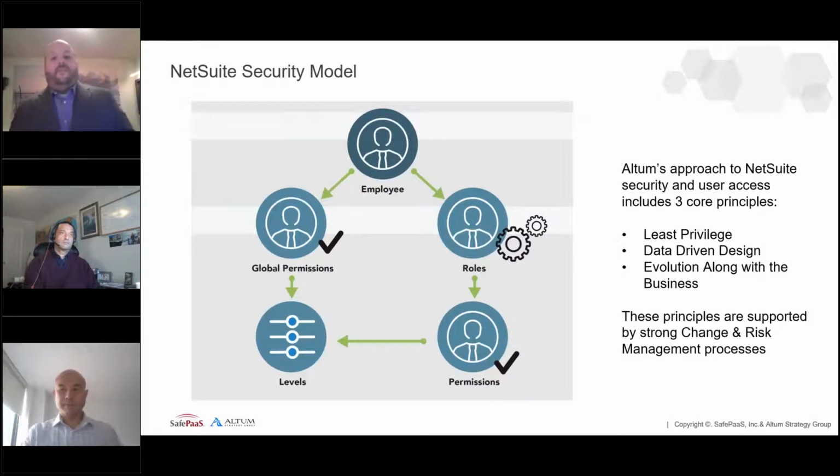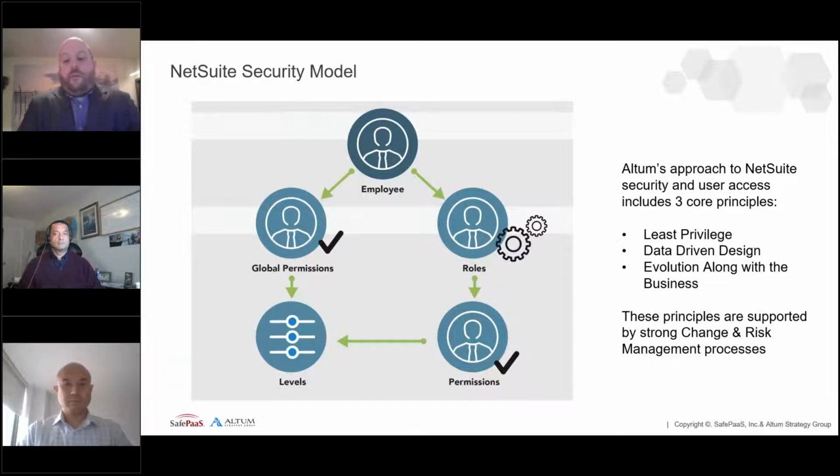All right, so let's jump in. We're all familiar with the NetSuite security model, with the employees, the roles, permissions, and the different levels within NetSuite. I think a lot of organizations have gotten really good with the day-to-day management of the security model. Here at Altum, we like to help organizations move past that and really optimize the security model.